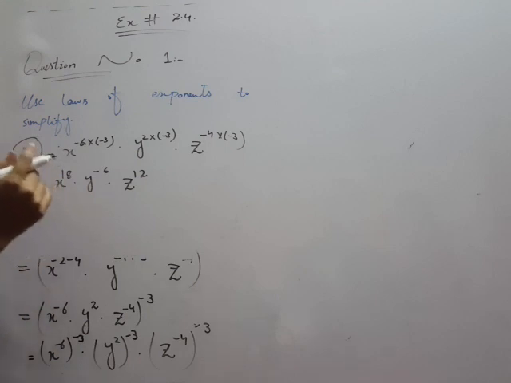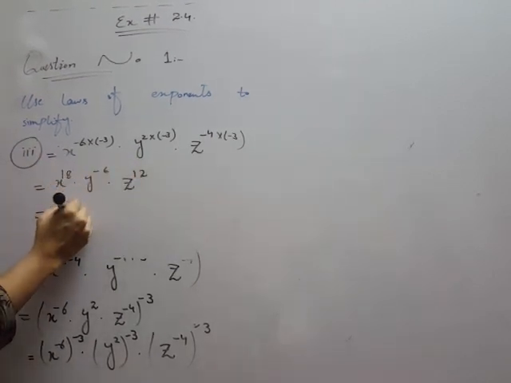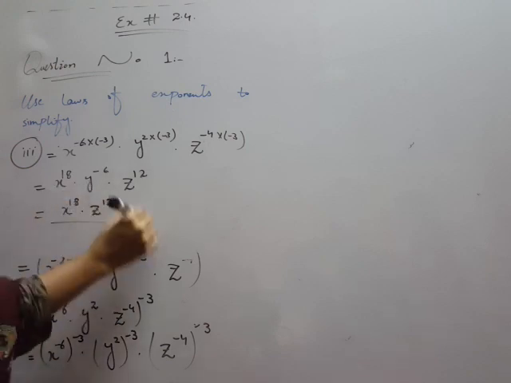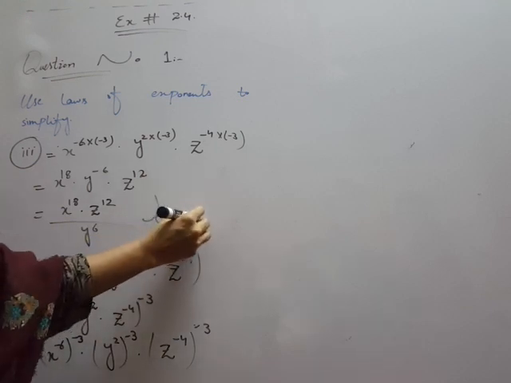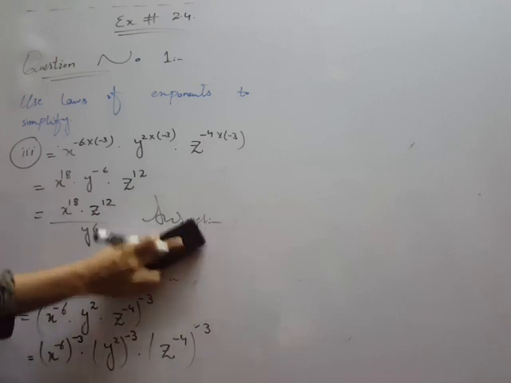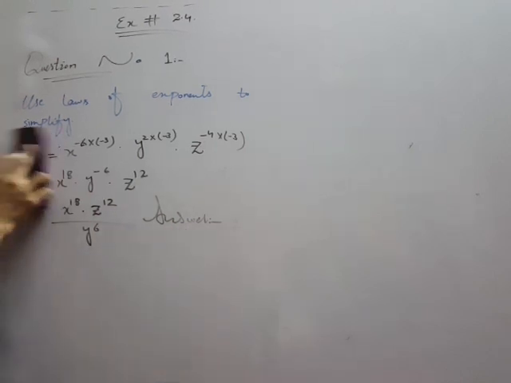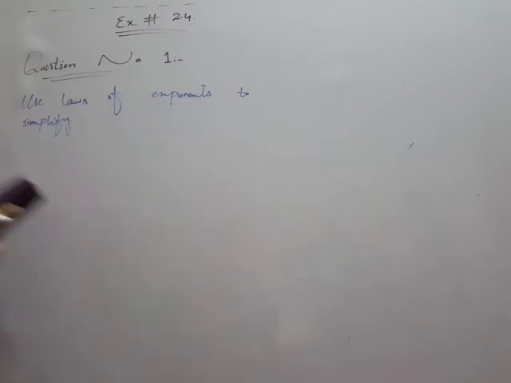Okay, because we write the answer in positive exponent, it will become x raised to power 18, z raised to power 12 divided by y raised to power 6, and this is the answer of the third part. Okay, we only simplify the terms, simplify the question. Okay, and this is the third part of question number 1.